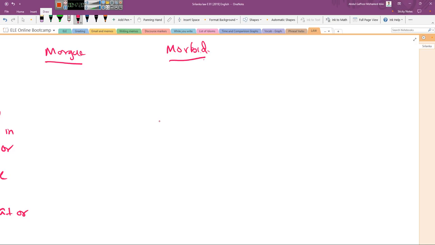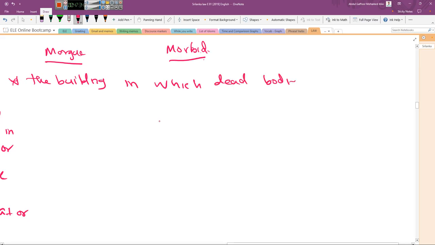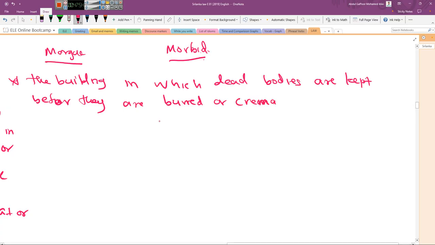So in a building we will keep the dead body before we bury or cremate.